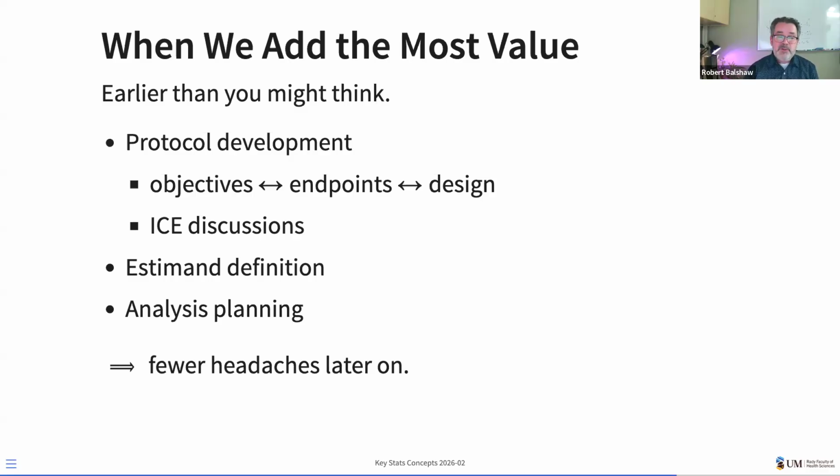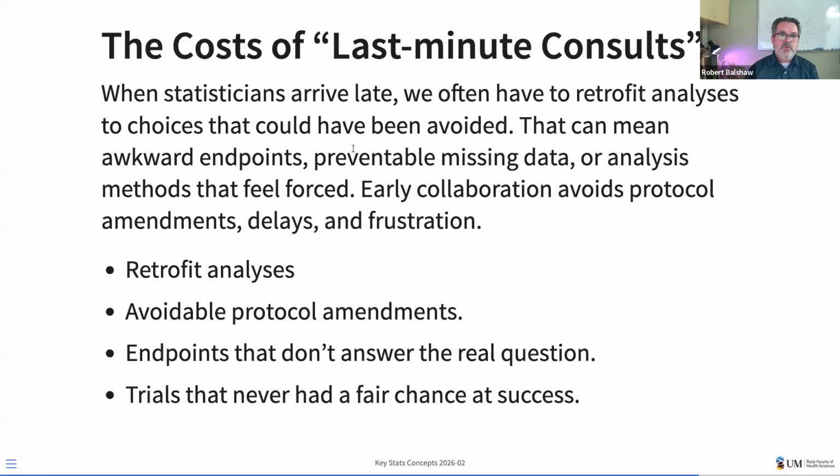And if you're struggling to figure out how to address the analysis at the end of the trial, your results are going to be viewed with a great deal more skepticism than if you had established exactly what the intercurrent events of interest were likely to be and how you were going to incorporate those in your estimand and ultimately into the analyses. So get us involved early, prime the pumps, things will flow more smoothly.